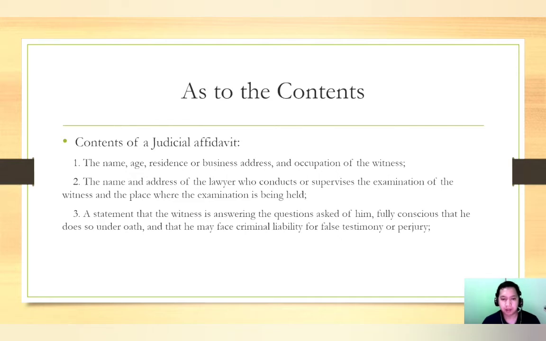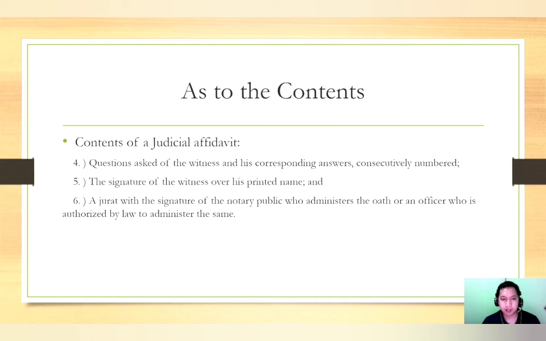A statement that the witness is answering the questions asked of him, fully conscious that he does so under oath and he may face criminal liability for false testimony or perjury. Questions asked of the witness and his corresponding answers. Fifth one, the signature of the witness. And the sixth one is the jurat with the signature of the notary public who administers the oath, or an officer who is authorized by law to administer the same.